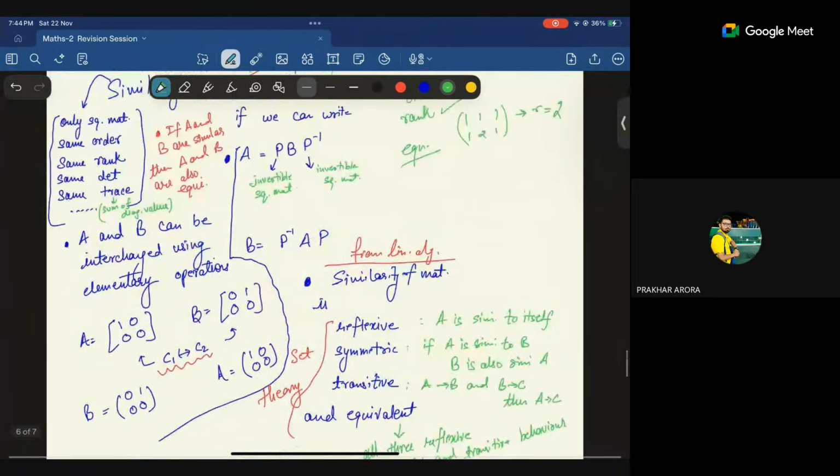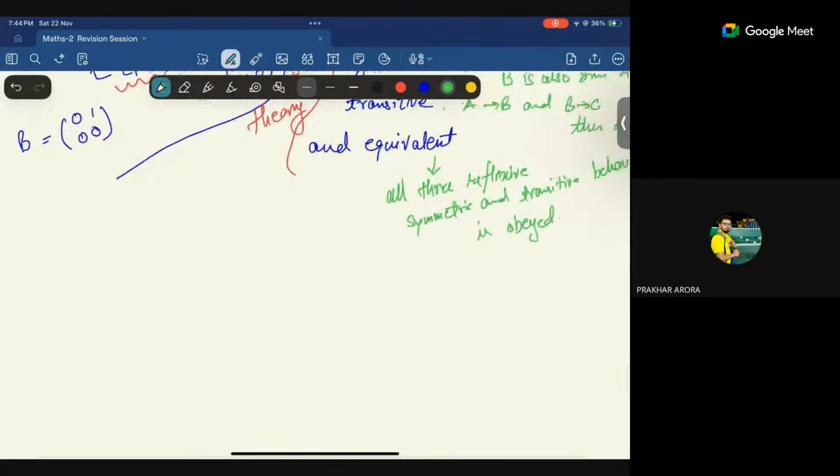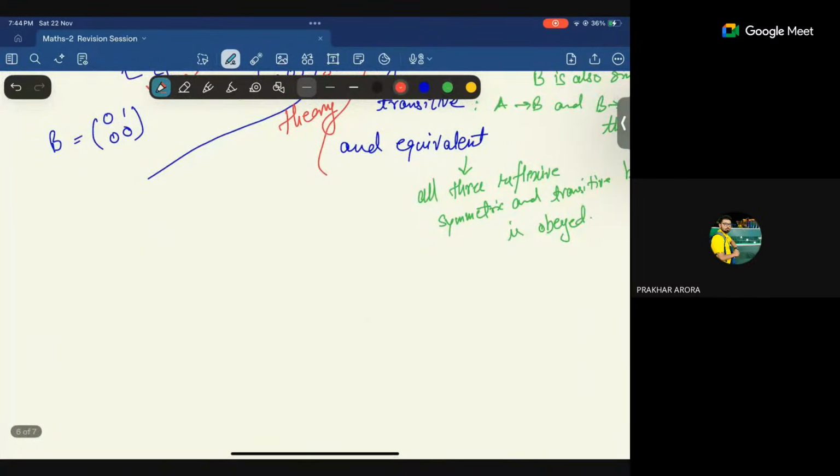Now, one fact I want to tell you is that a scalar matrix is similar to only a scalar matrix. This is asked in many different ways.